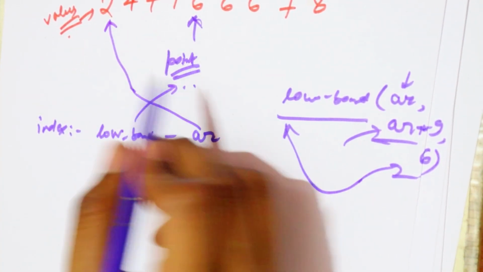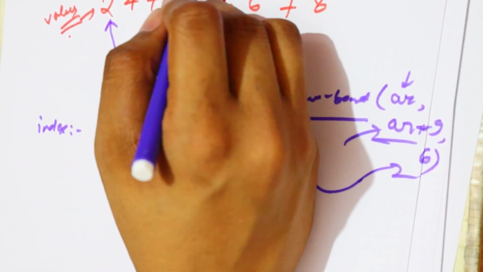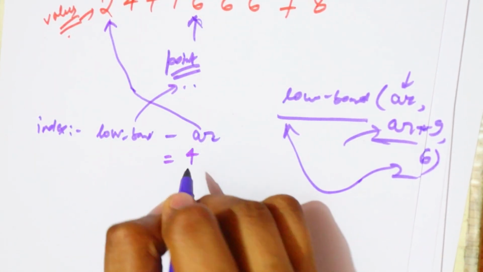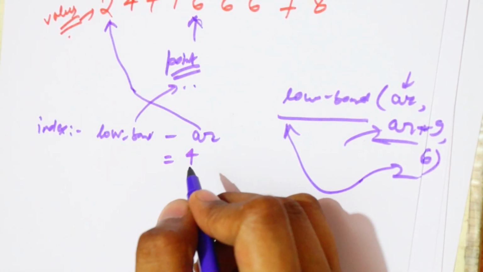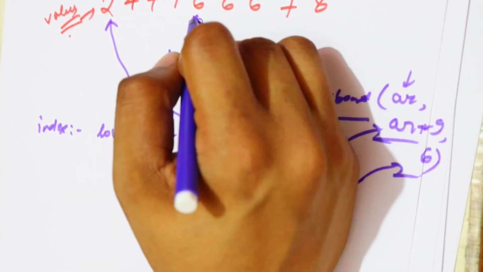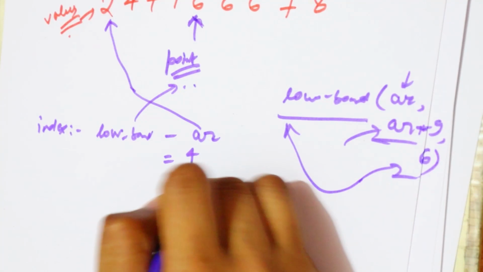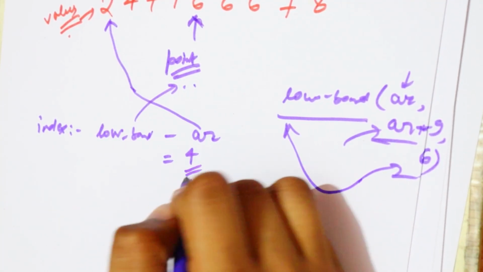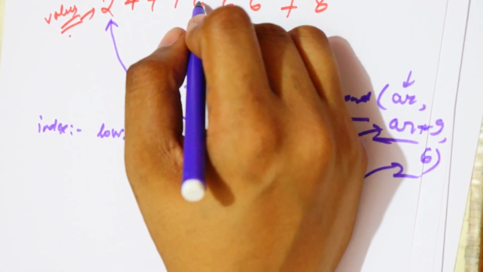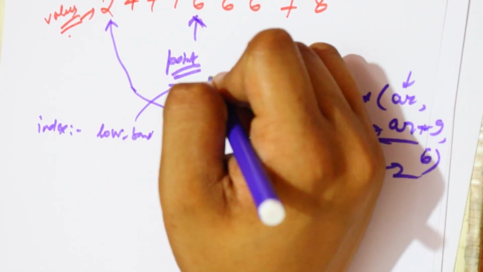So what it will give me is 4 minus 0, which is equal to 4. From this we can see that I am obtaining the index for which the value is 6 or bigger than 6.